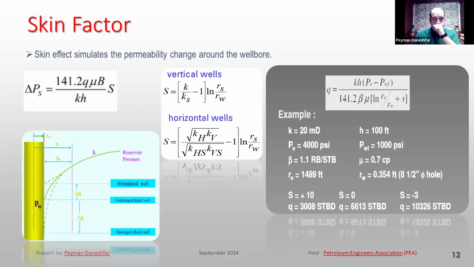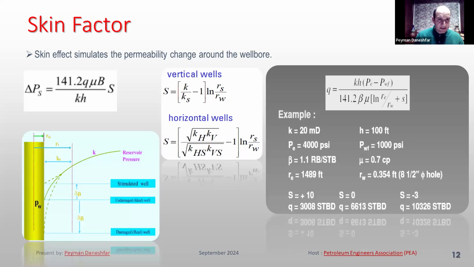You can find this formula for the vertical well and for horizontal wells. When the skin factor is positive 10, you can see that our production is very low. But when our skin factor is about -3, our production is more than normal.